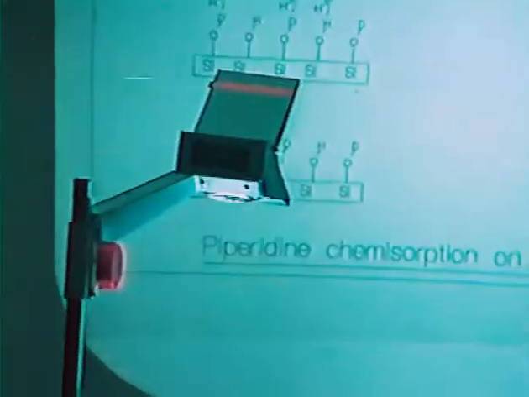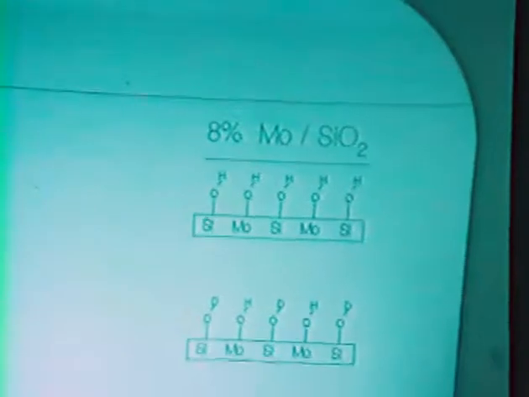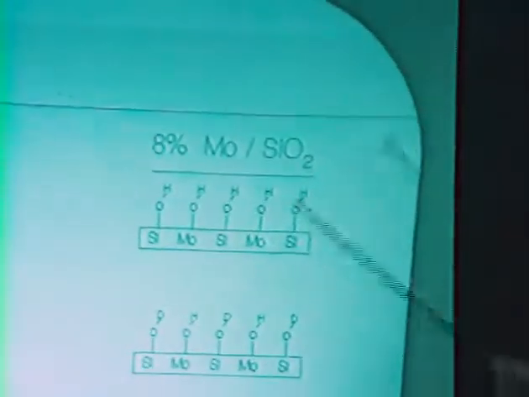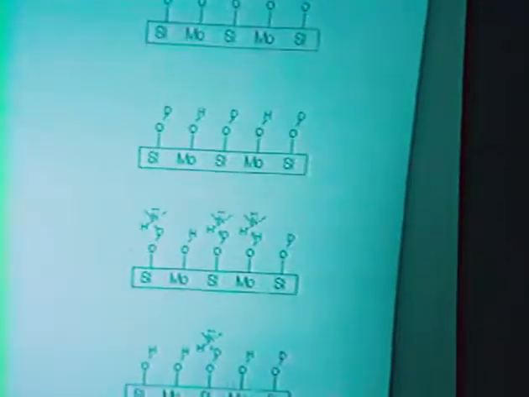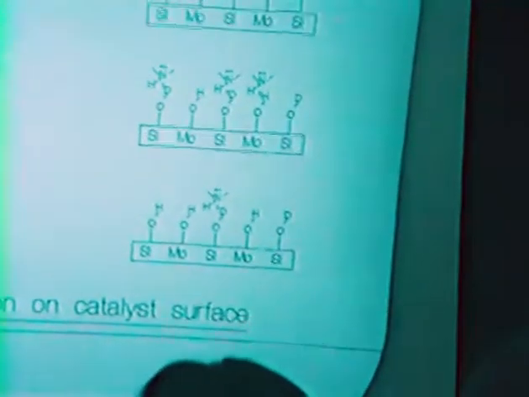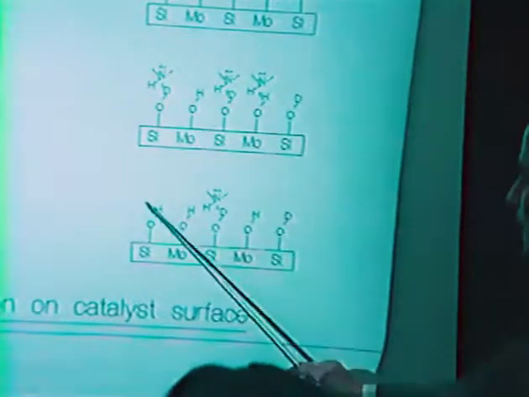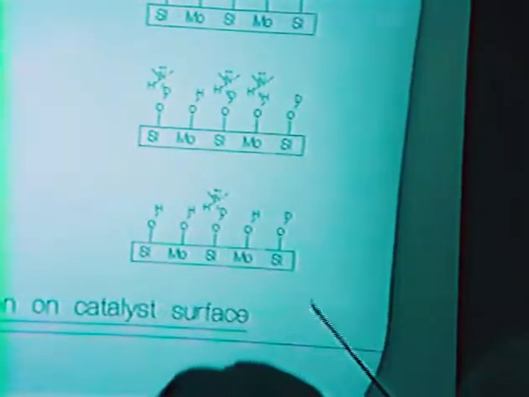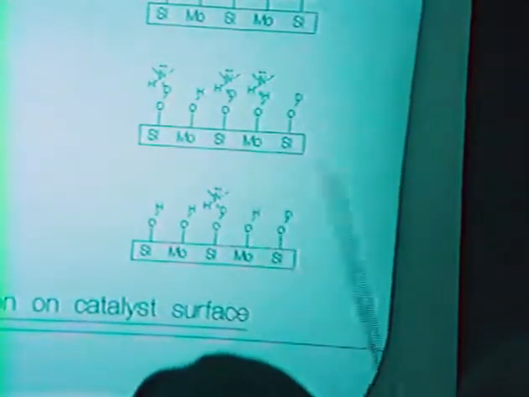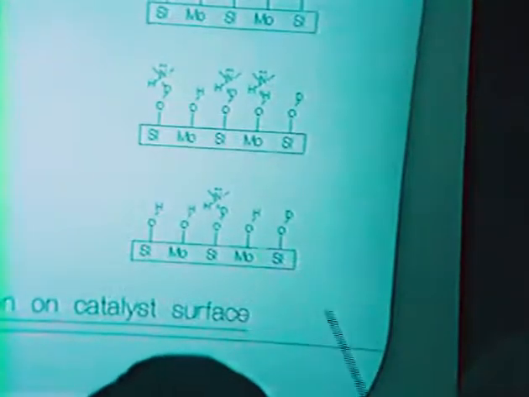In the case where we have molybdenum on the surface, it's different. We have the bare catalyst, we have the exchange with D2. Some piperidine comes and interacts more strongly, and then when we raise the temperature, some D2 has evolved, and there is still some piperidine on the surface.